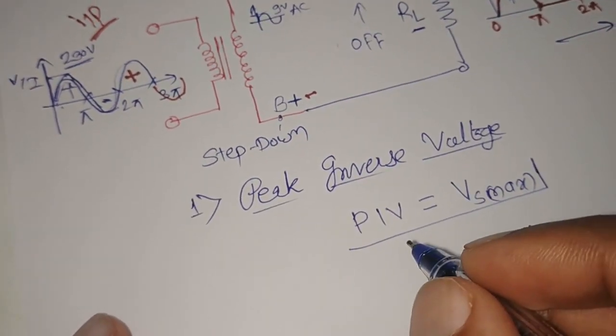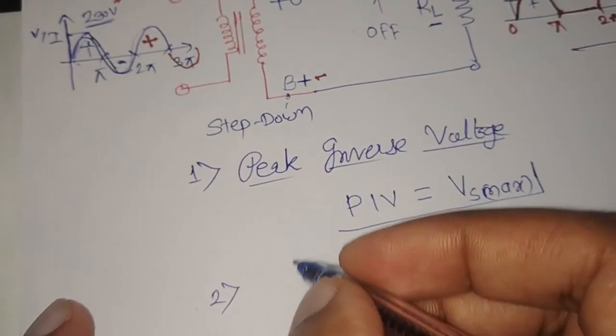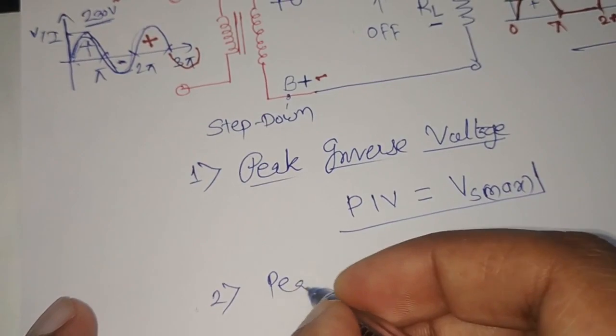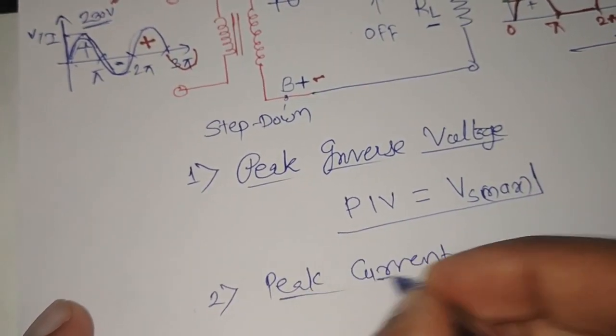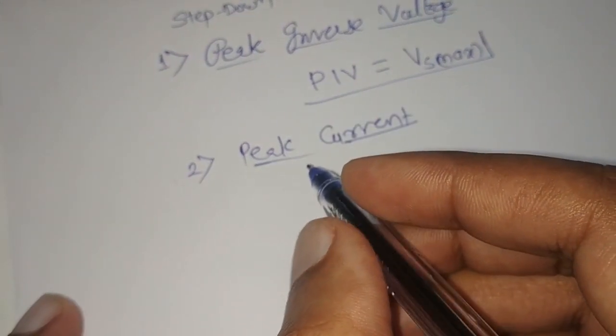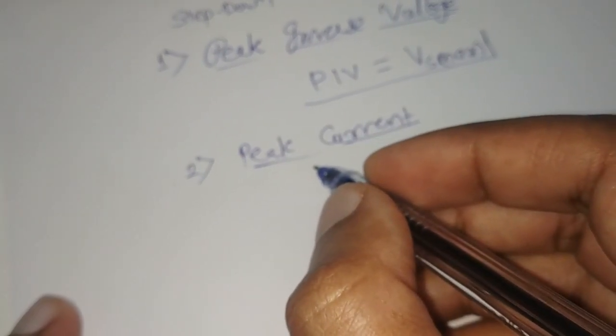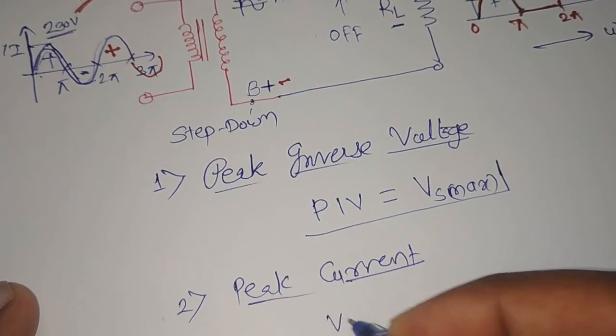Similarly, there will be peak current. Another parameter we can define as peak current. So what will be the peak current? Peak current will be the maximum value of current. And these are sinusoidal signals. So how we represent, say, if I want to represent this voltage, supply voltage Vs, mathematically how I will represent? This is a sinusoidal signal.